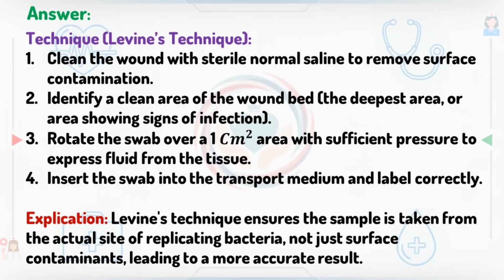Insert the swab into the transport medium and label correctly. Explication. Levine's technique ensures the sample is taken from the actual site of replicating bacteria, not just surface contaminants, leading to a more accurate result.